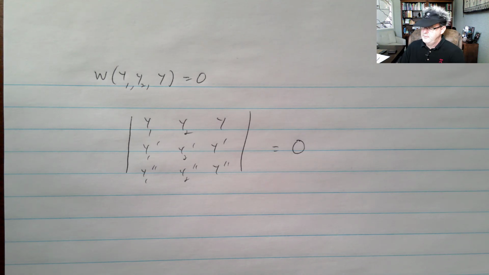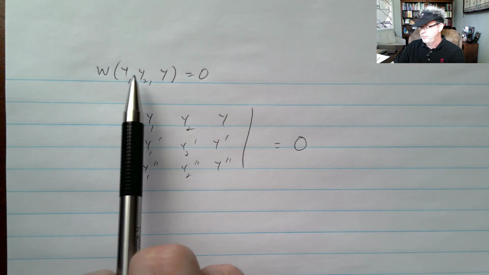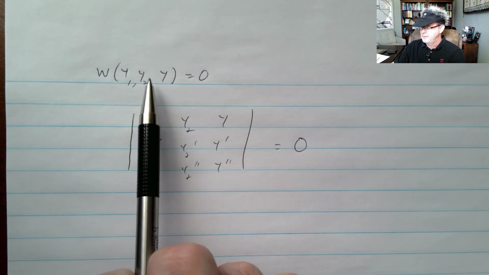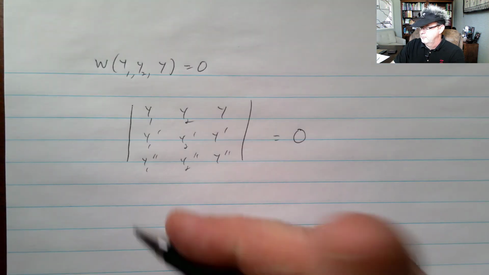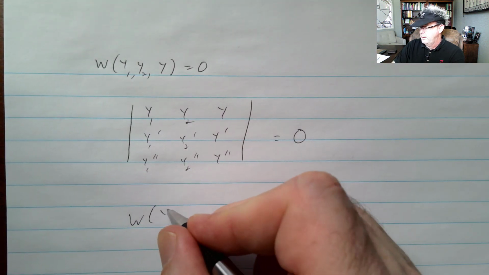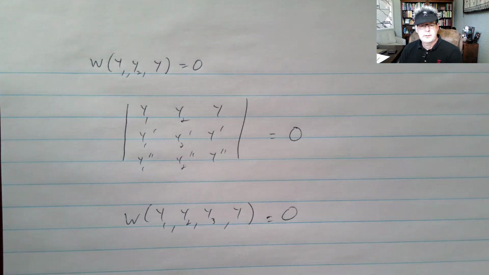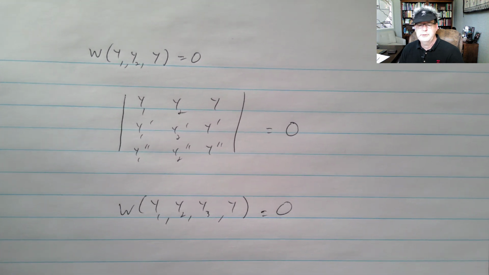And this can then be generalized to, if you give me three functions, then I could find a third order equation. So you can just keep increasing the number of functions, to get a square matrix. For example, y1, y2, y3, y, put it equal to 0. So that's the general result, which is, of course, known, but not too well known.